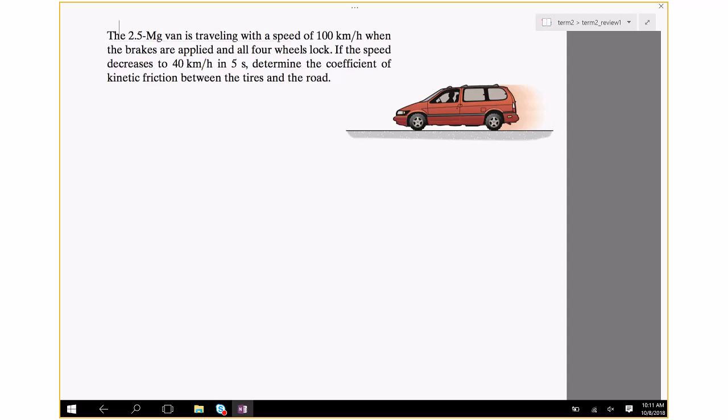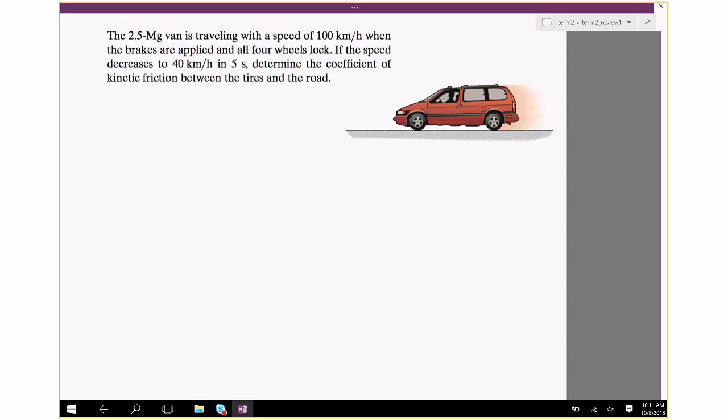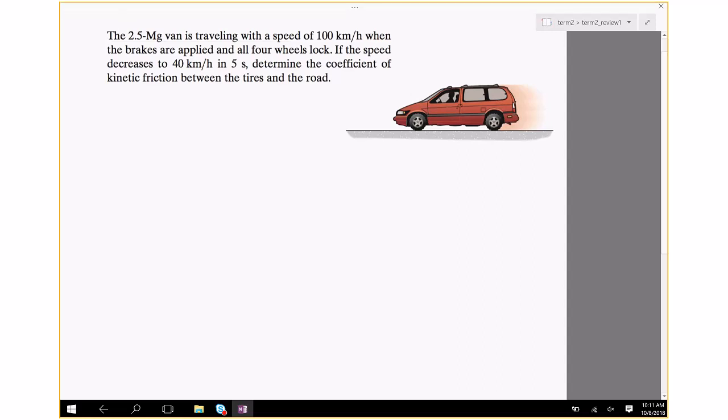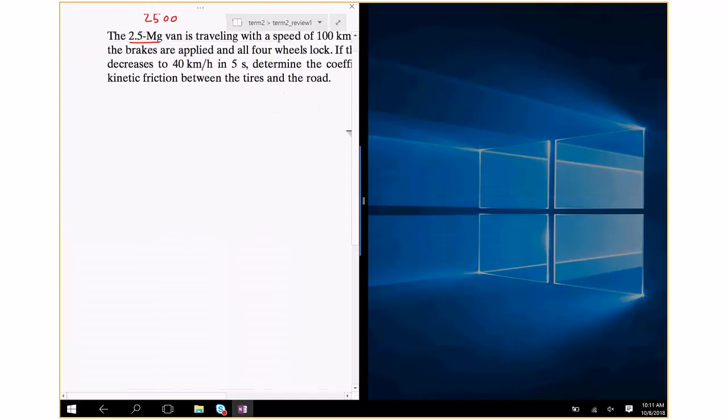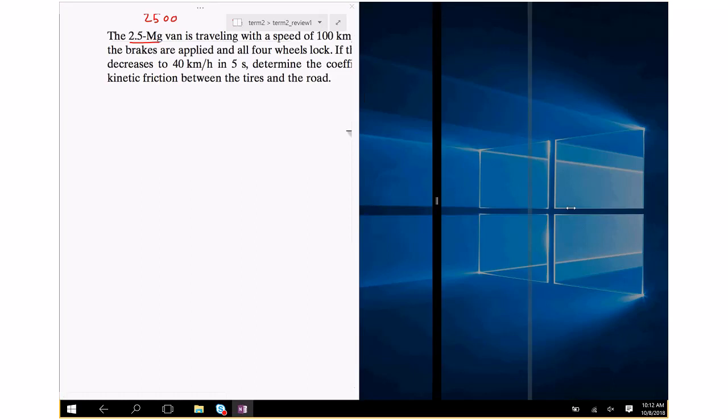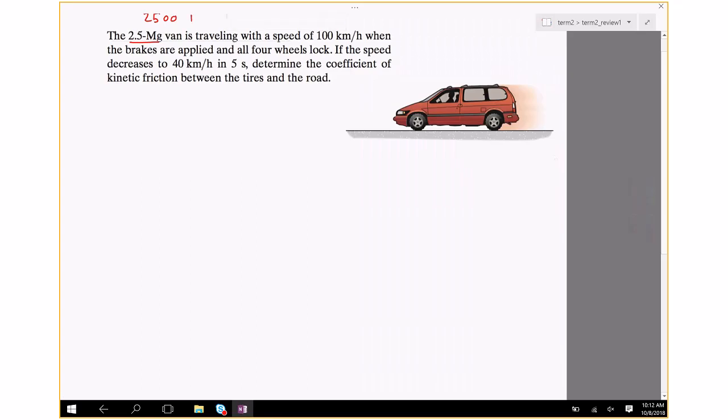Okay, let's start. Let's read the question and try to apply this. A 2.5 megagram, which is really 2,500 kilogram, van is traveling with the speed of 100 kilometers per hour when the brakes are applied and all four wheels lock. When all four wheels lock, it's going to slide.